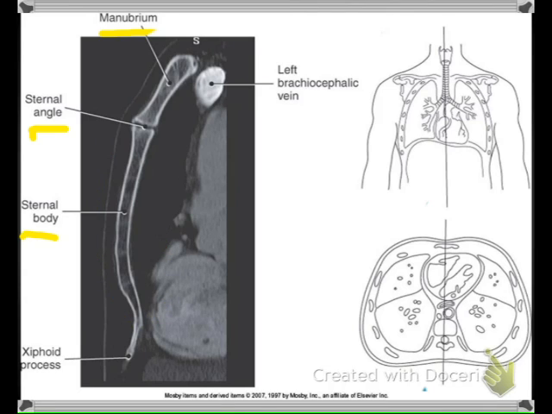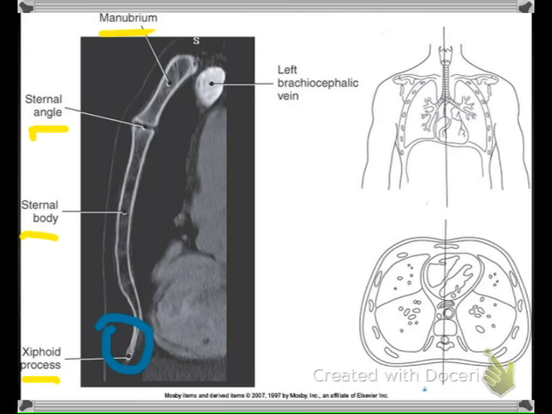And then lastly, we have the xiphoid process. And so the xiphoid process is located at the very tip of the sternum, right around here. And notice how very thin it is.